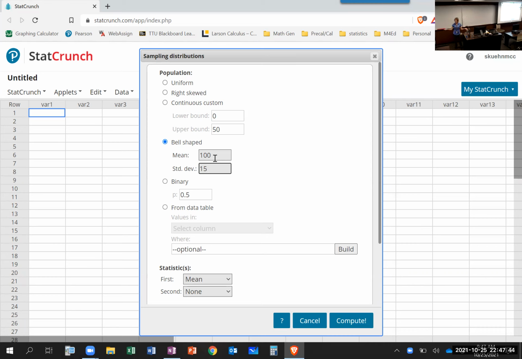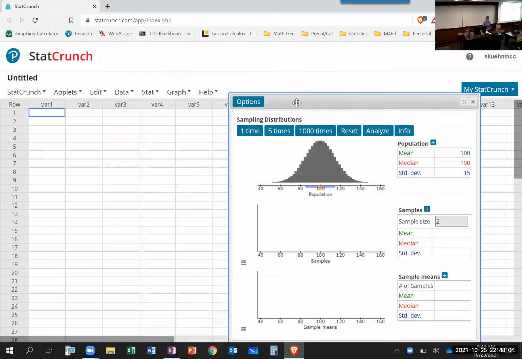The population says that the mean of IQ scores is around 100 and a standard deviation of 15. So we want to start thinking about sampling from that population. Everybody here? Okay, everybody got that done? Now we just hit compute and it pulls up this screen right here.